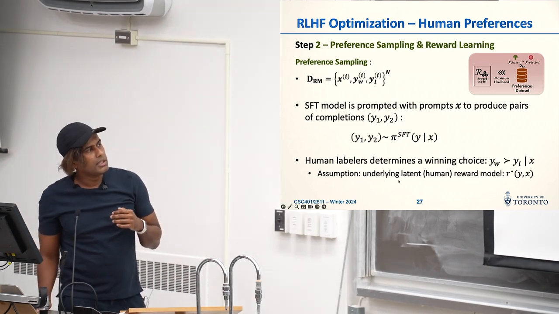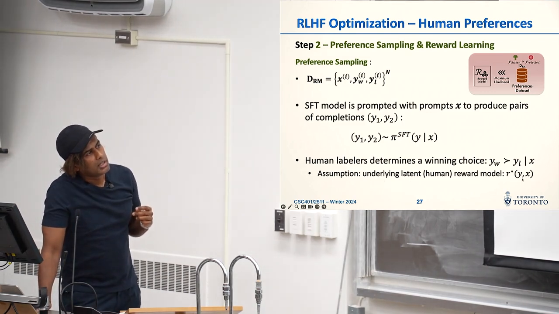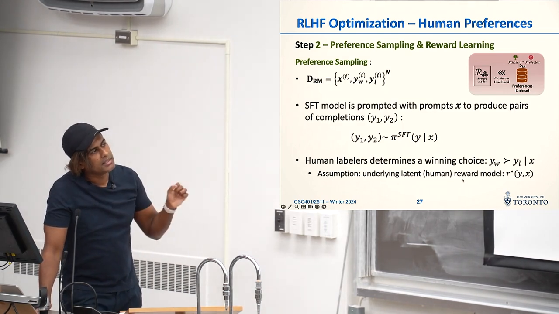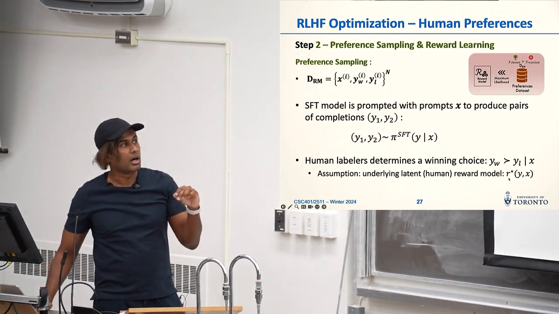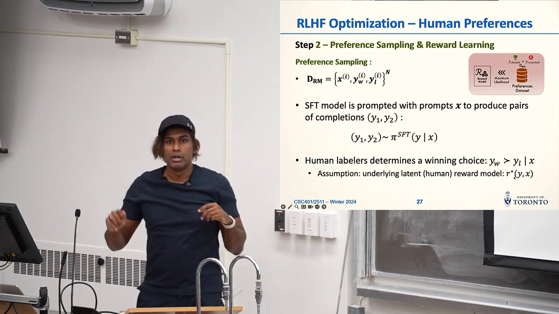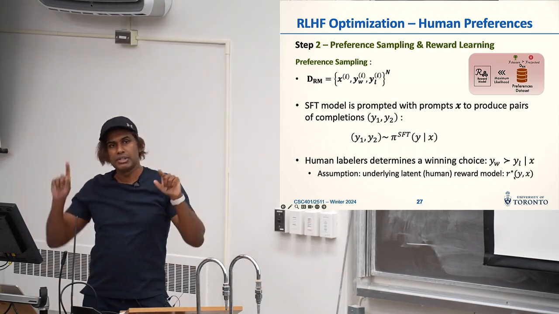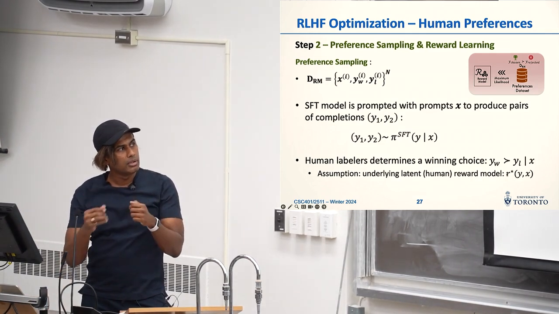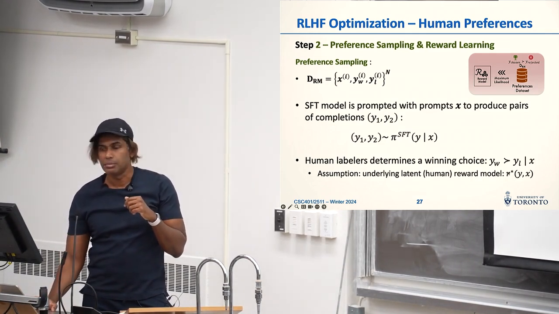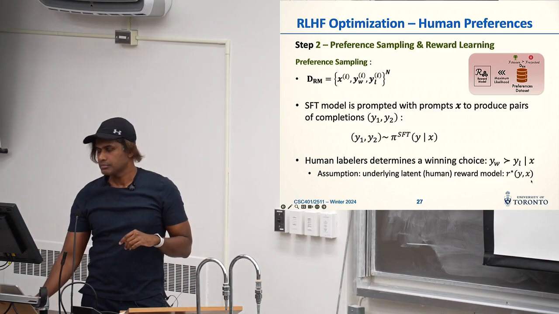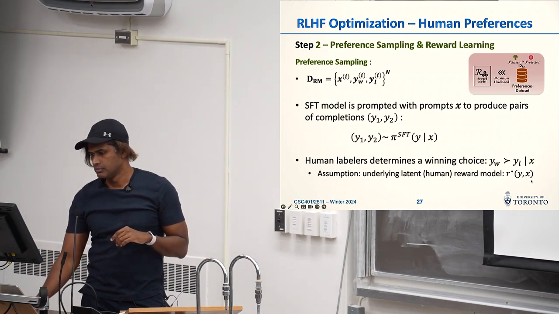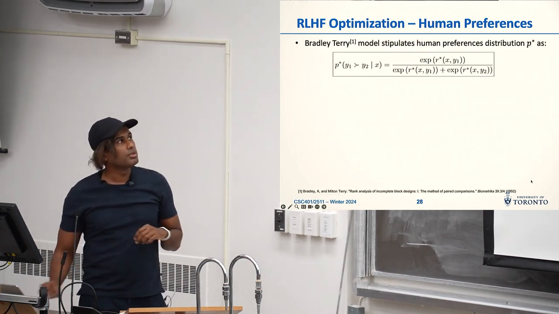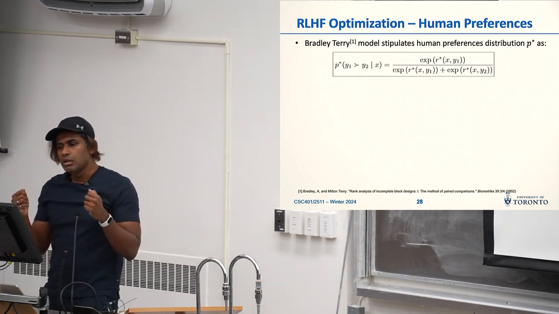And the assumption here is that there's an underlying latent human reward model, R star, for the best answer, the completion given X, okay? And our goal here is to learn a reward model that is as close to this as possible. That's the assumption. So in order to model this, we need to model human preferences.